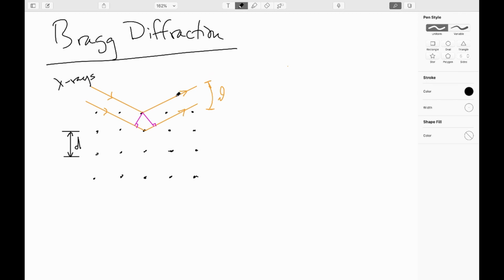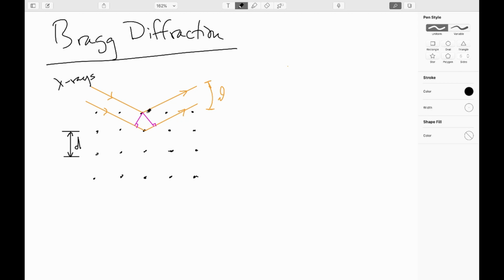Angle in equals angle out. And so now for some parallel ray, it won't scatter against that atom. In fact, it'll probably miss some atoms, and maybe it'll go down and hit an atom in the second row, or maybe some deeper row. Eventually, each ray somewhere will find something to bounce off of.